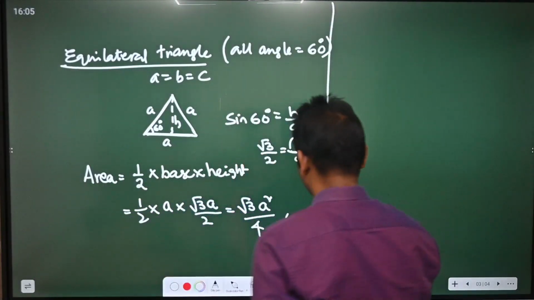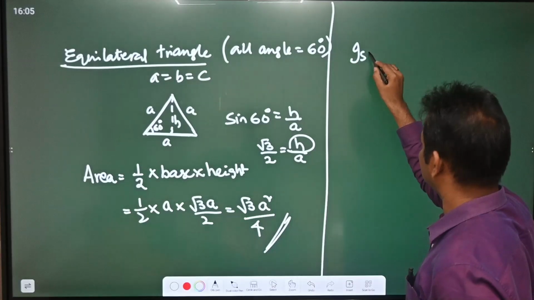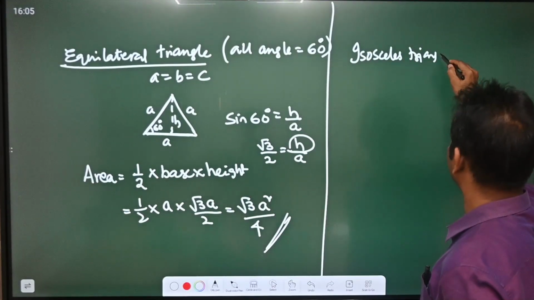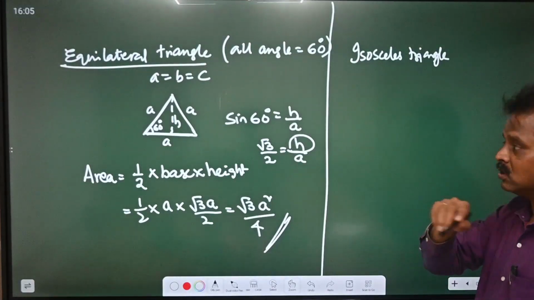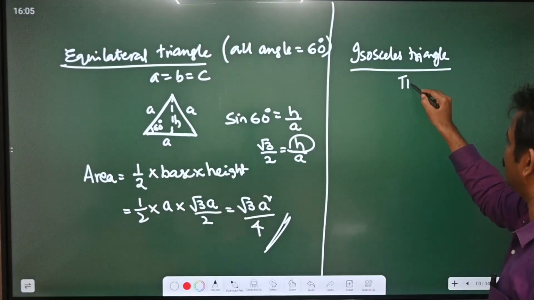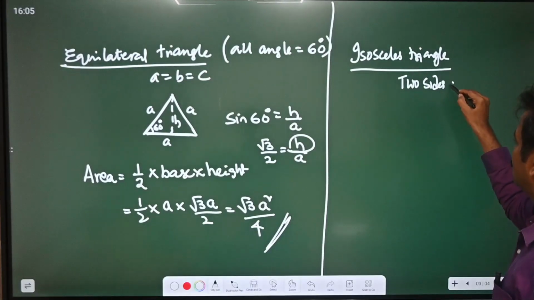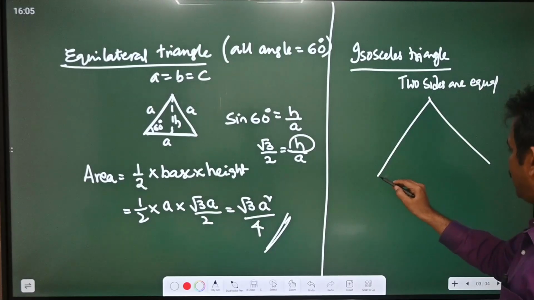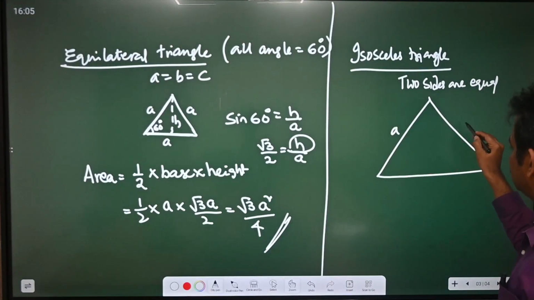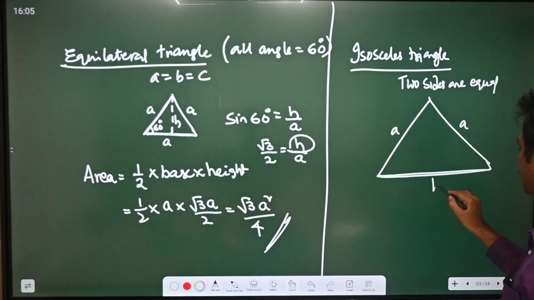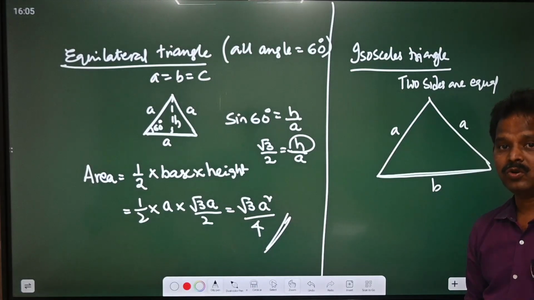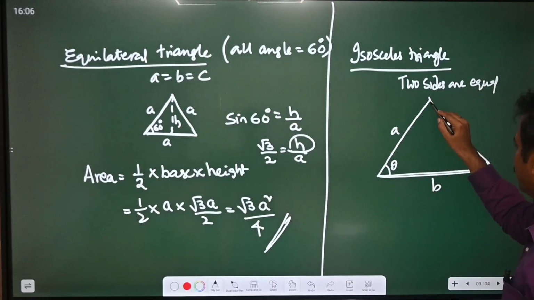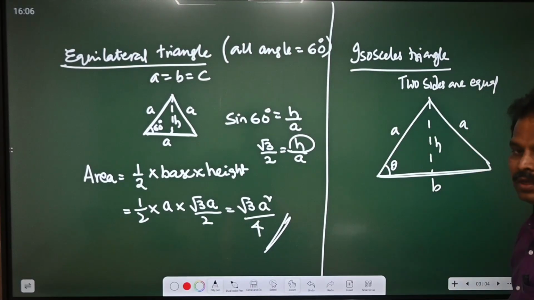And for an isosceles triangle, where two sides are equal, if you take a triangle here, let us say this side is A, and the base of this triangle is B. For an isosceles triangle, if you know one of the values, let us say this angle is theta, how do we find this height?